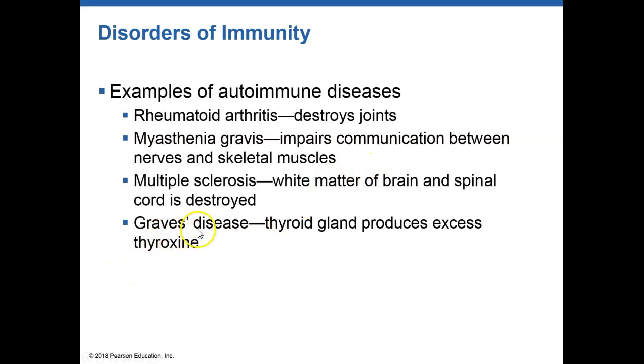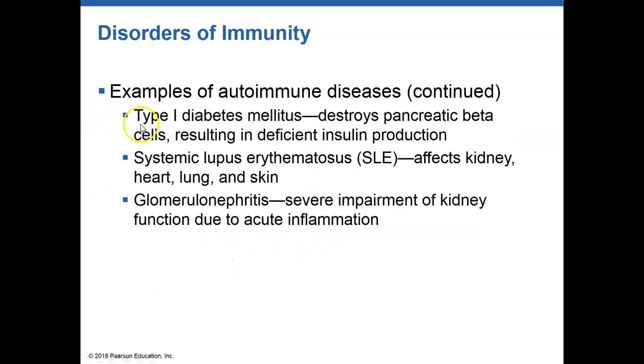Graves' disease, the immune system attacks the thyroid gland, thinking that the thyroid gland is non-self. Type 1 diabetes is an autoimmune disease where the T cells actually attack pancreatic beta cells, killing off those cells, resulting in deficient insulin production.